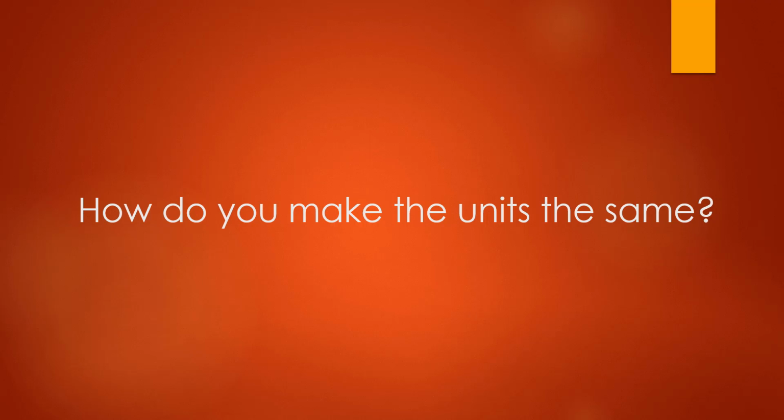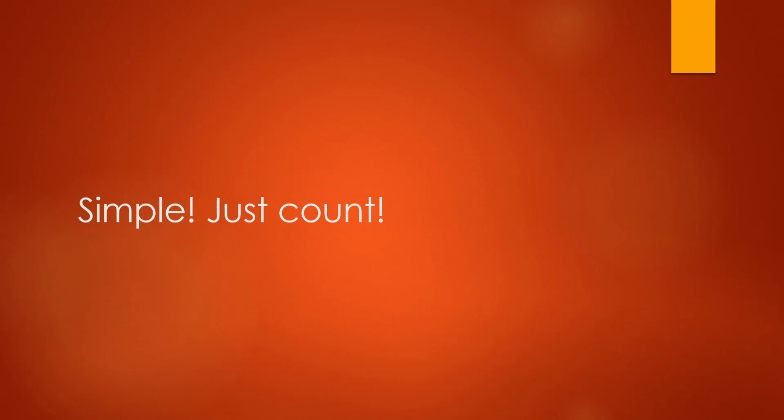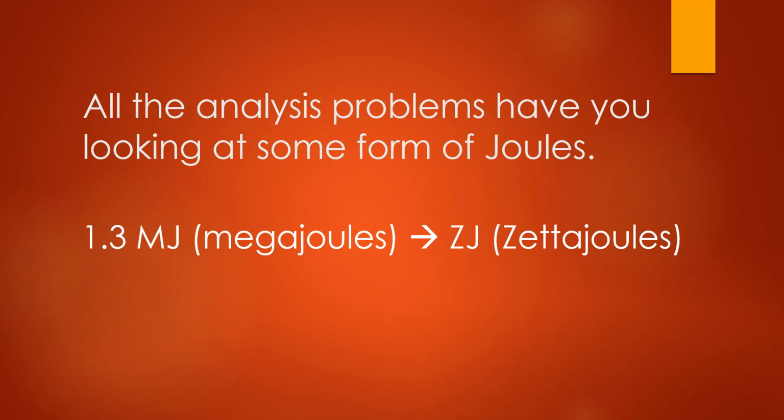If you have units that are widely different, and they could be different within the same unit, for example, we're going to do a unit here that deals with joules. We're going to do the first one to give you an idea of how to do it, and it's relatively simple. See, we're using the same units here, joules. In the metric system, the prefix in front just tells you what magnitude of energy you have.